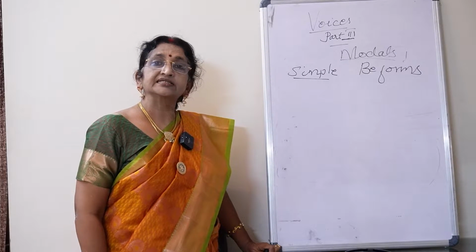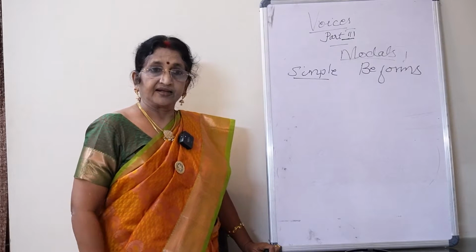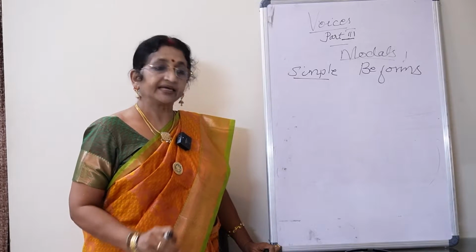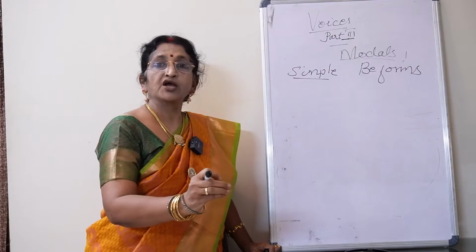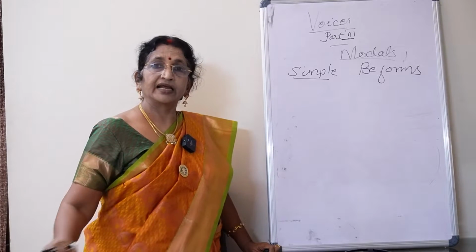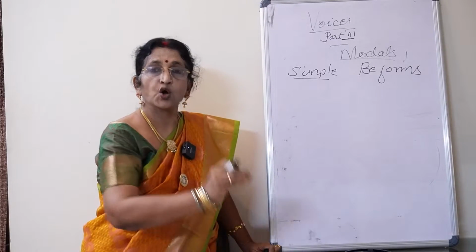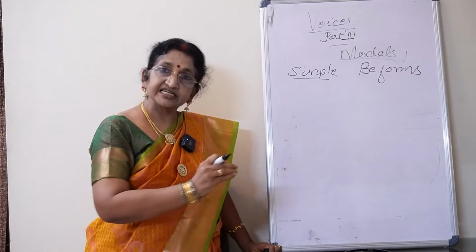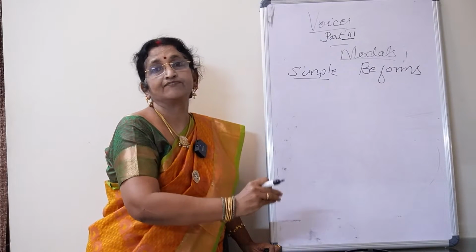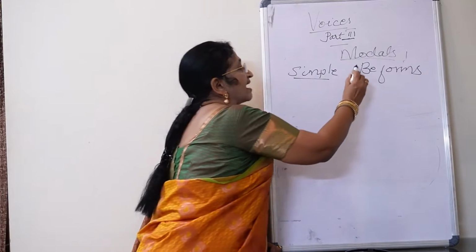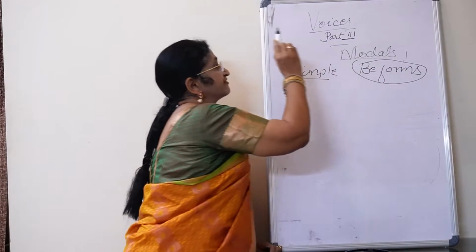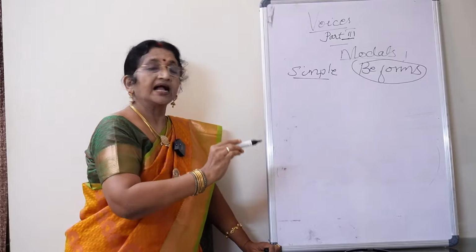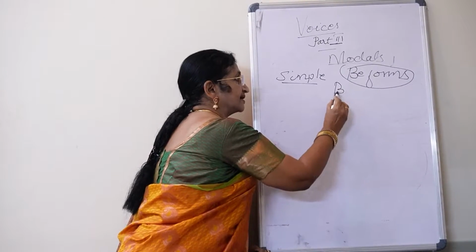My lunch was finished by me. I completed my homework, or my little child completed her homework. The little child's homework was completed by her. In that way we can have be forms for changing from active to passive, and we should always have by.